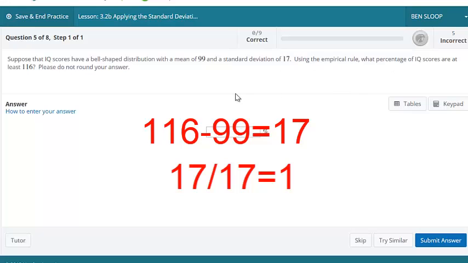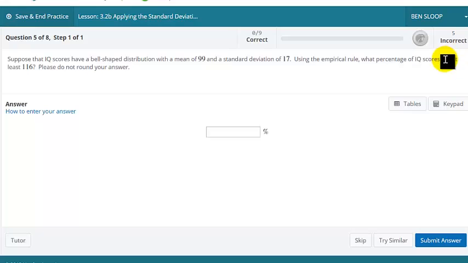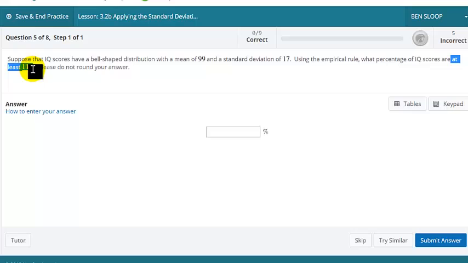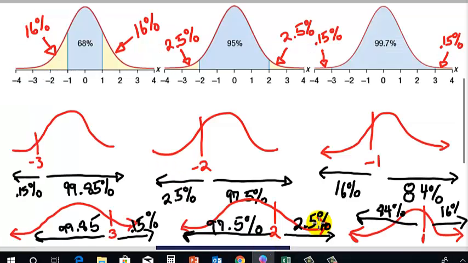Okay, so I read my problem here and it says at least 116. Okay, at least 116. So that would be anything 116 and above. So I want the area to the right of positive 1. So positive 1's over here. The area to the right for at least would be 16%.